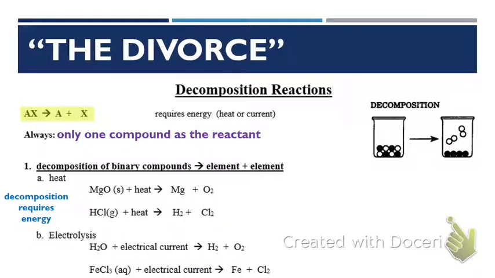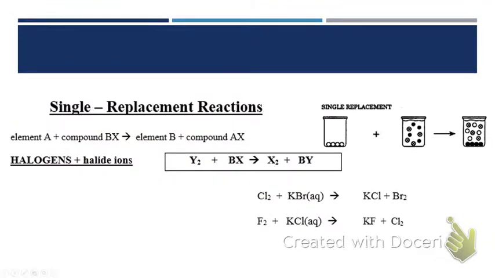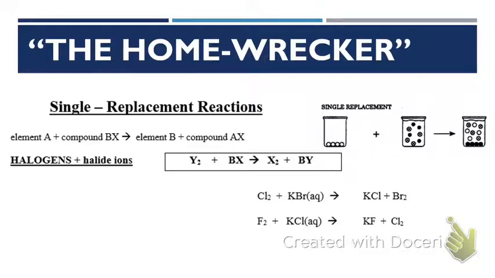Now, they start to get a little bit more complicated as we get to our next example, the single replacement, but it's really not too bad still. I'm going to go ahead and tell you the analogy that we use for single replacement reactions is the home wrecker, and you'll understand that a little bit better in a second.